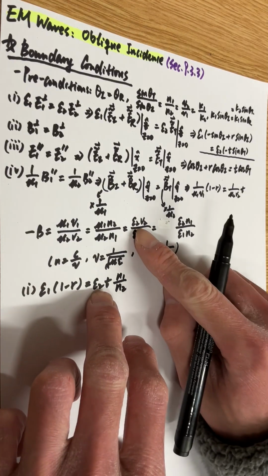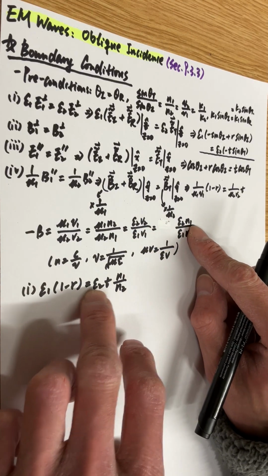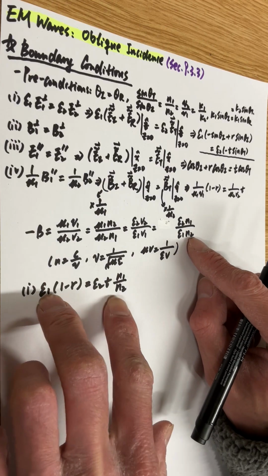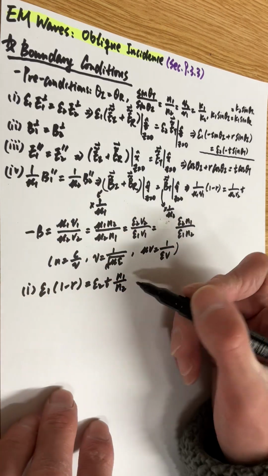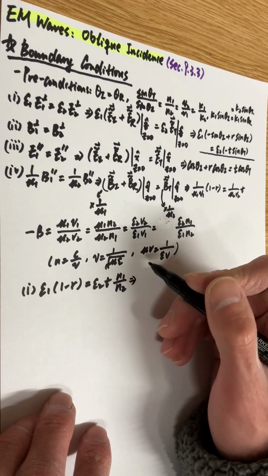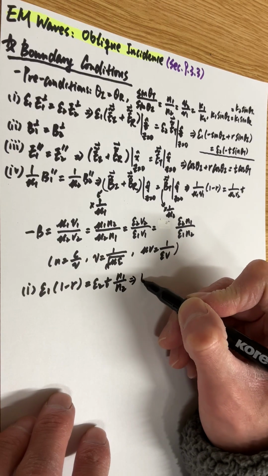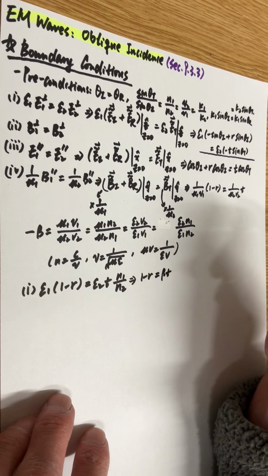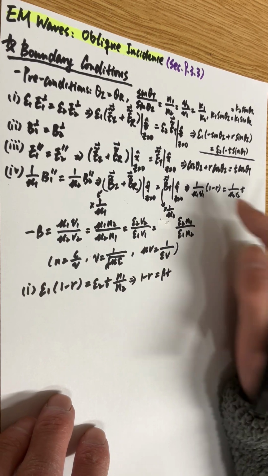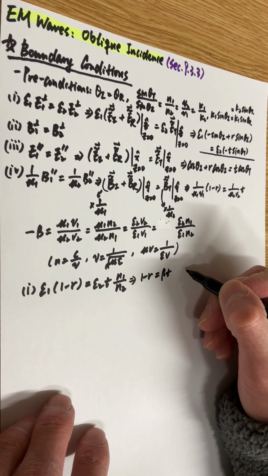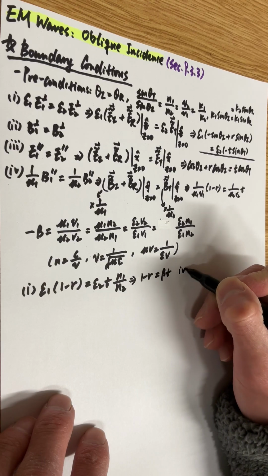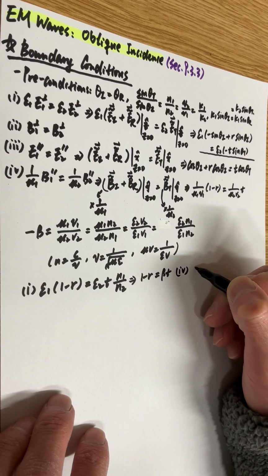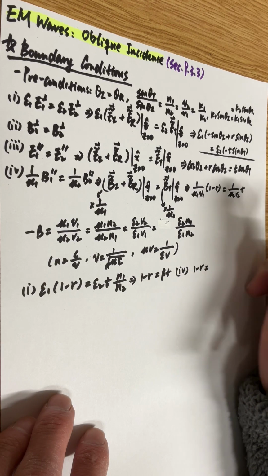And then epsilon 2 n1 divided by epsilon 1 n2 would give us beta. So this gives us 1 minus r equals beta t. And then the last boundary condition also gives us the same: 1 minus r equals beta t.